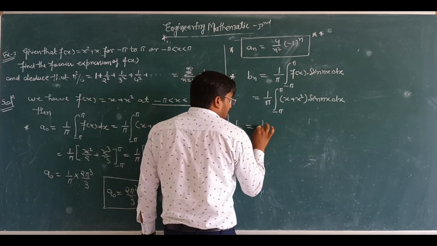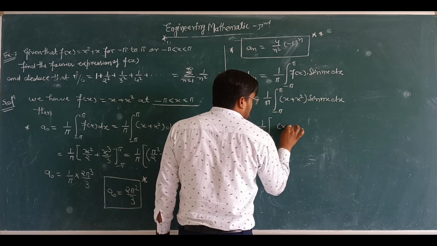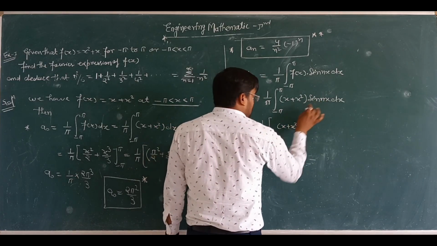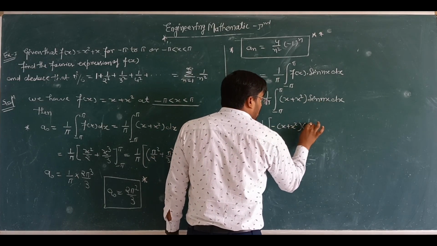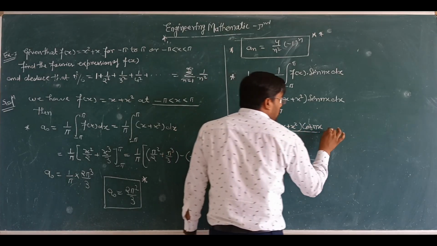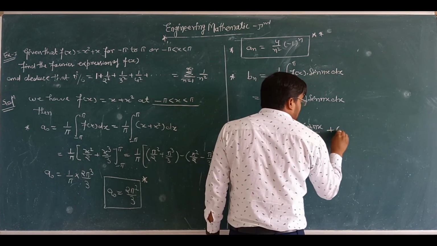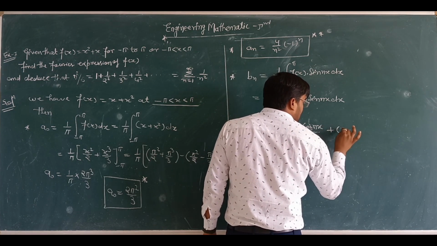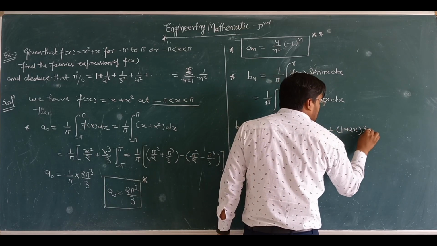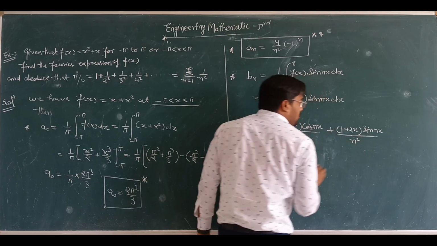You can write 1 by pi bracket. First of all, you can write x plus x square. Now integration of this function is minus cos nx upon n. Now plus differential of this function: the differential of x is 1 and x square is 2x, and integration of this function is sine nx upon n into n, means n square.